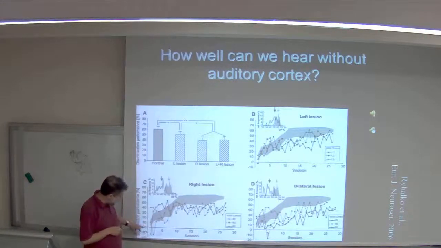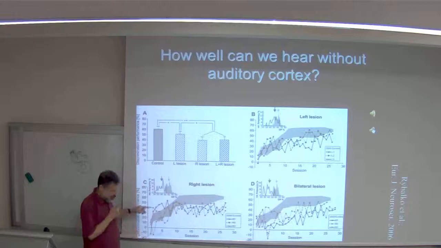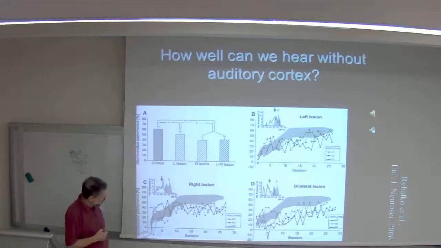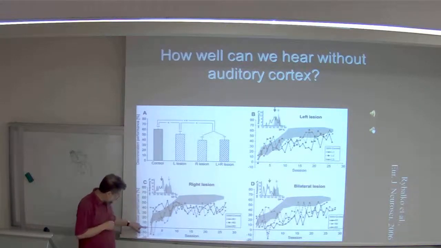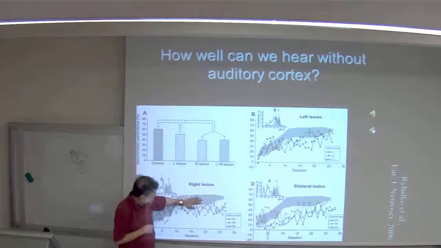And 0 corresponds to chance performance. The y-axis is the difference between correct and incorrect responses. So 0 is chance performance, and this gray bar represents the range of performance of normal rats.